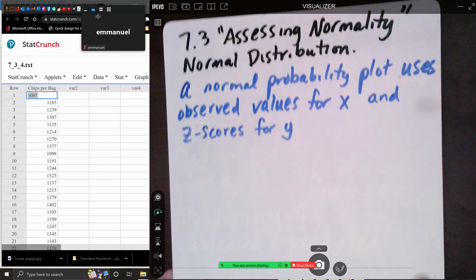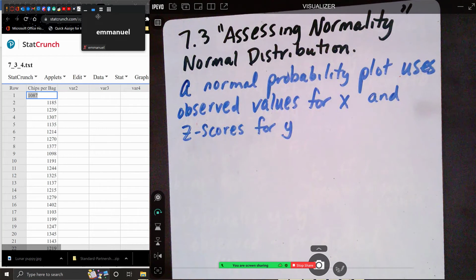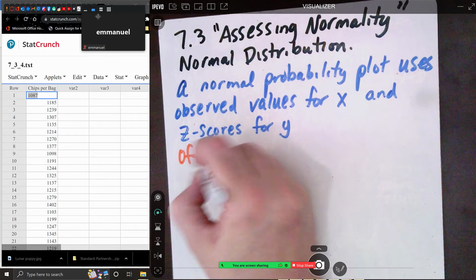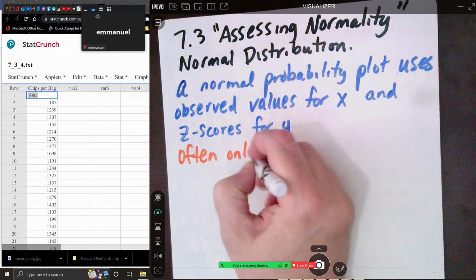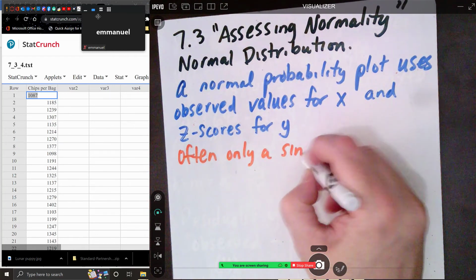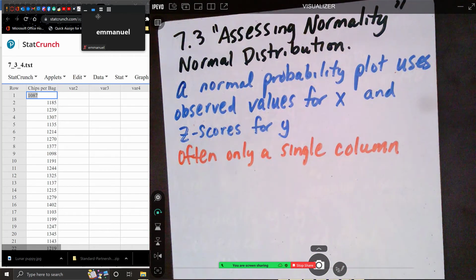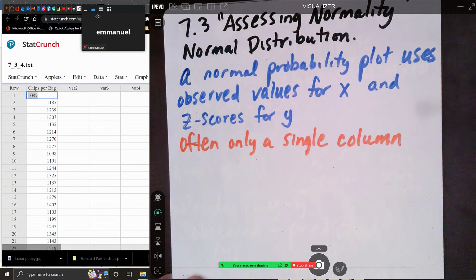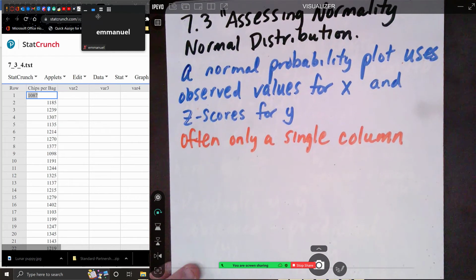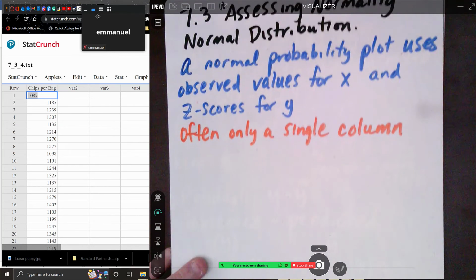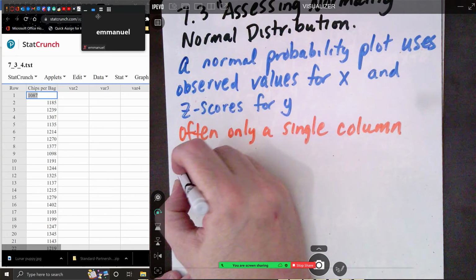Okay, so oftentimes we only have a single column to look at. So often only a single column for data. So I can't use the scatter plot or the simple regression or anything like that. So we have a couple options.